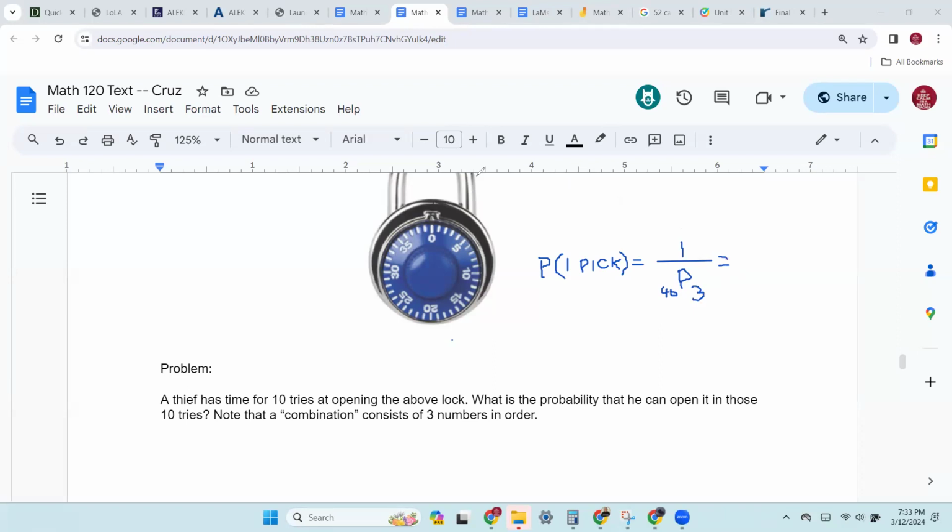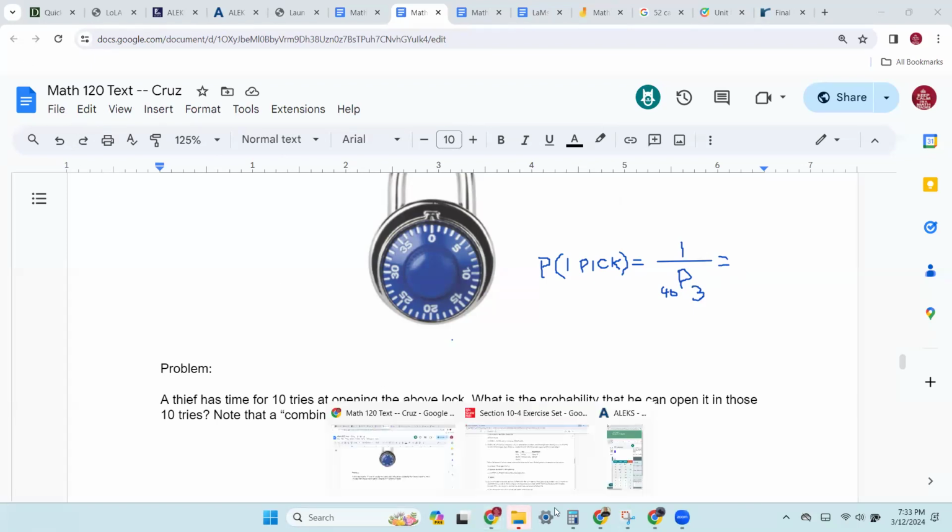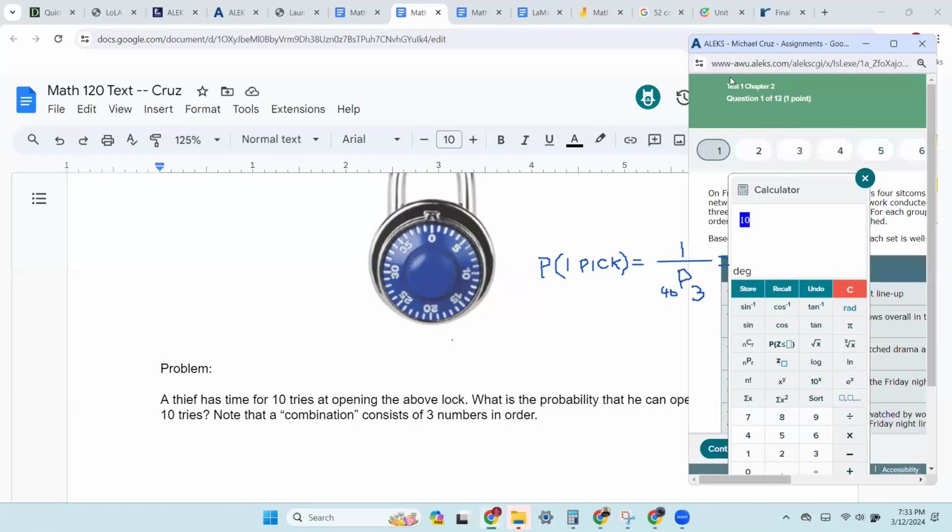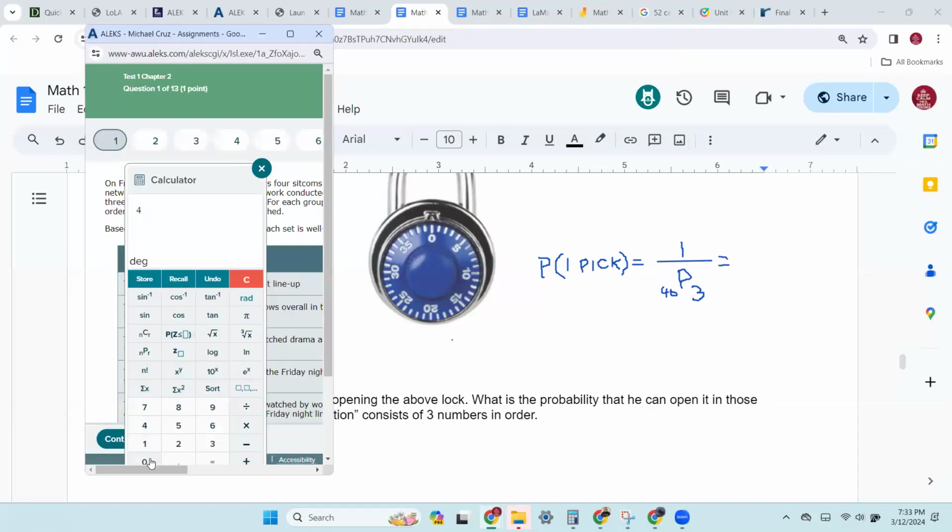All right. So denominator wise, we're going to do the 40. We're going to do the C, and we're going to do 3 for the 3-number combination. And that means that there's 59,280 different ways.